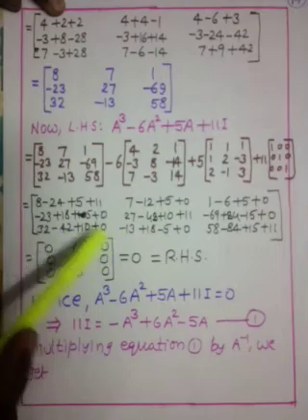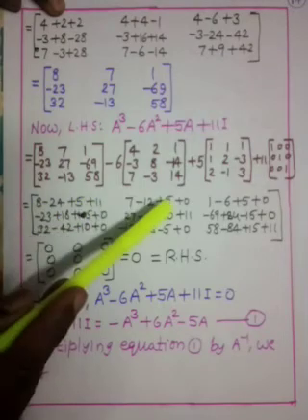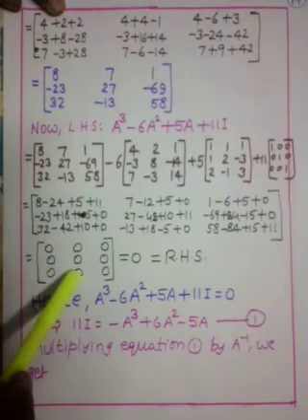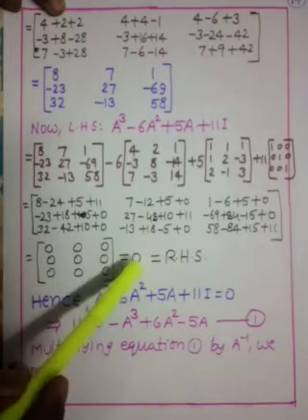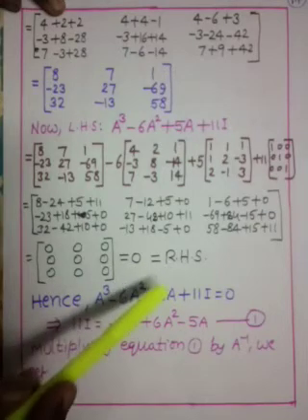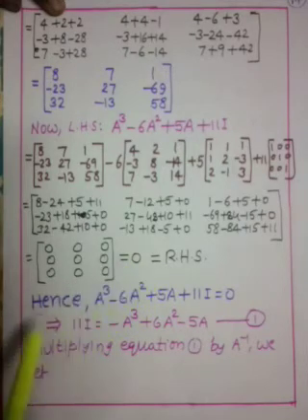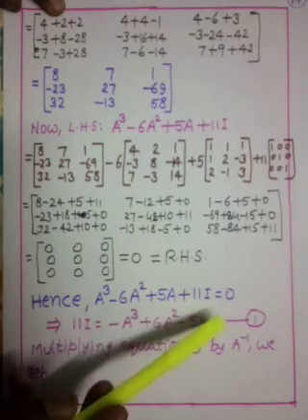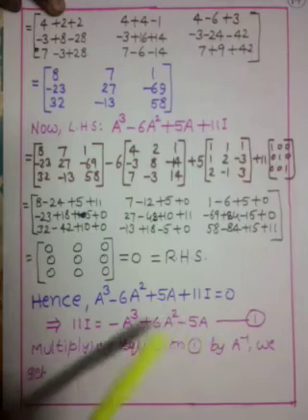Okay, my children. Now, by simplifying these elements, we get here 0, 0, 0, 0, 0, 0, 0, 0, 0. Nothing but this is a 0 matrix. This is the RHS. Hence, the required statement is proved. A cube minus 6A square plus 5A plus 11I is equal to 0.